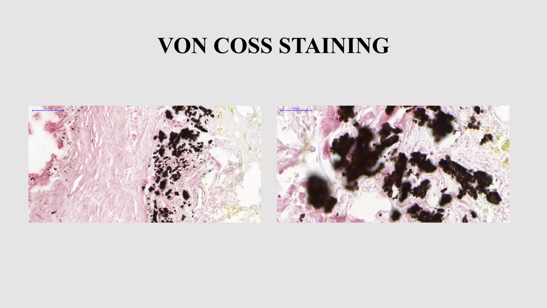Next is von Kossa staining. This staining is for identification of calcium ions, calcium phosphate. Usually most calcifications in tissues form hydroxyapatite, which is chemically very close to bone compounds.